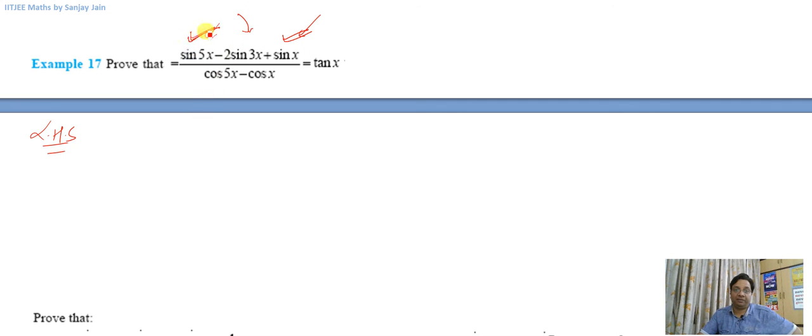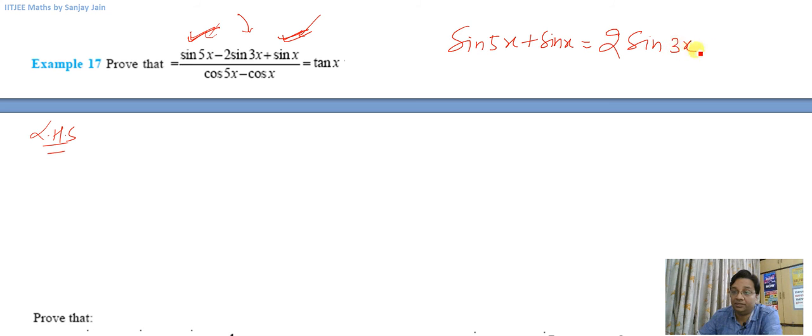So whenever you have got this kind of expression, you choose terms to apply CD formula. So I choose these as sine 5x plus sine x, because if I apply CD formula on this, let us see what I have. 2 sine c plus d by 2, that is 5x plus x by 2, that is 3x, cos c minus d by 2, that is 4x by 2, 2x.